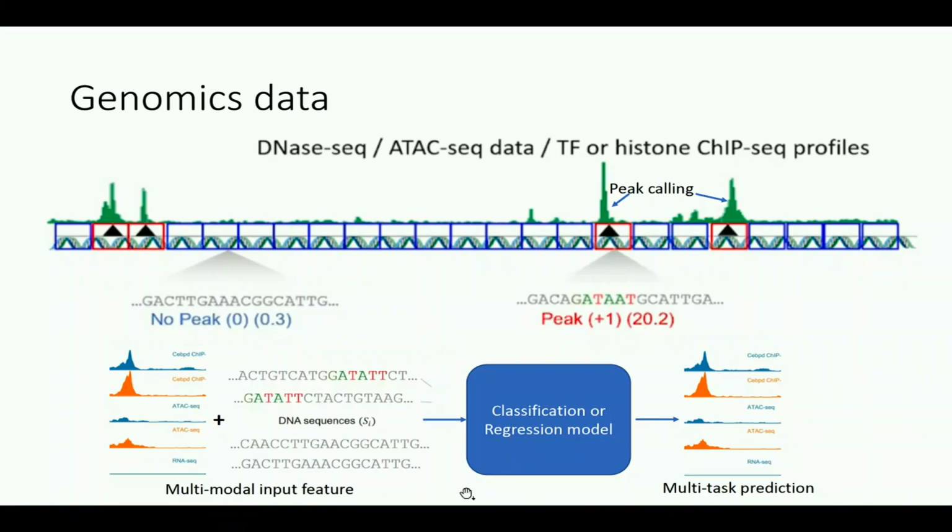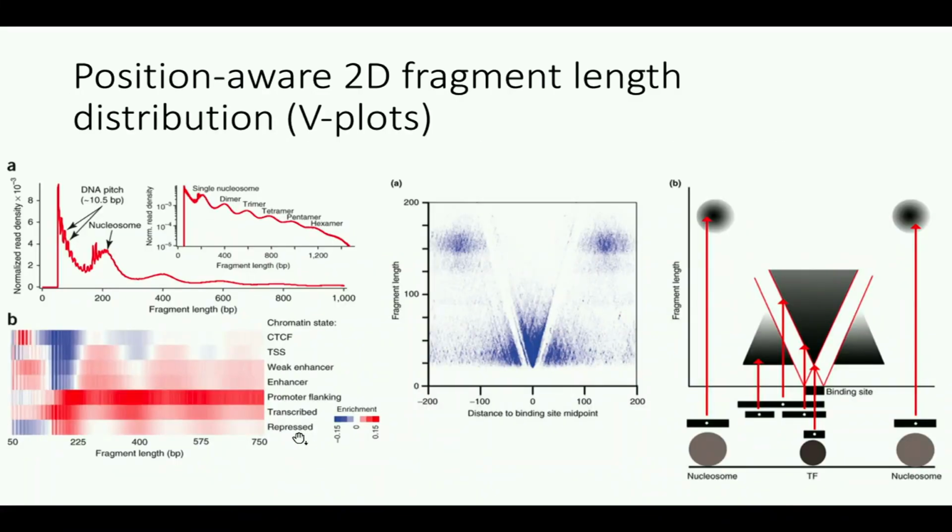And besides these 1D features, there are actually more complex features and high-resolution features as well. For example, this is a tag-seq data, where we try to cut the genome where there's nothing binding to it, where there's no chromatin, to compress the genome.